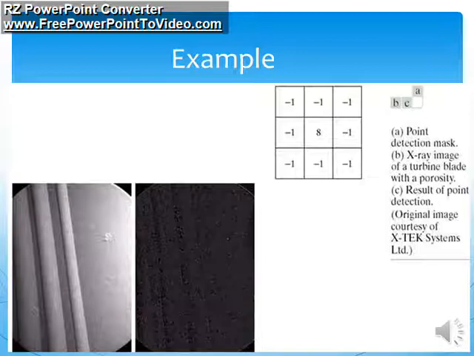This is nothing but a point detection mask. The first image is an X-ray image of a turbine blade with a porosity, and in image C is the result of point detection. Here we can see that the isolated point from the X-ray image can easily be identified through the given mask. So this is an example which we can easily understand.